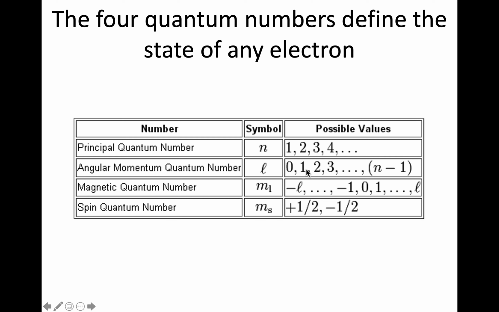If n is 2, that gives us l possibilities of 0 and 1, and the 1 would give us minus 1, 0, 1. If l is 2, that would be minus 2, minus 1, 0, 1, 2, etc. These define the various orbitals.